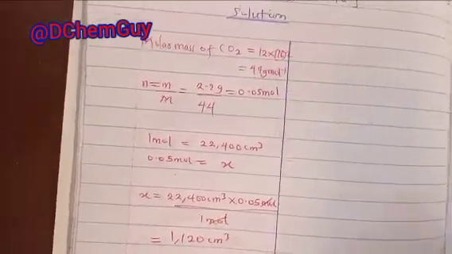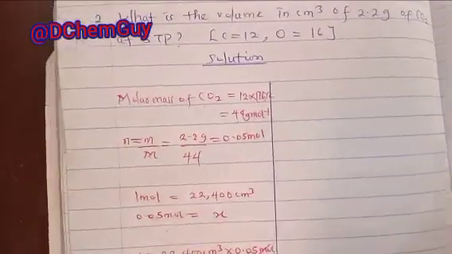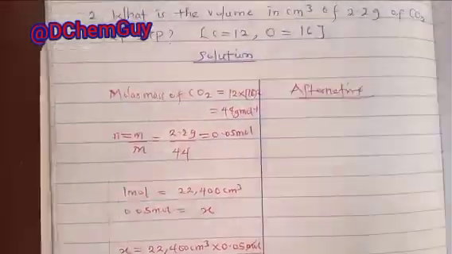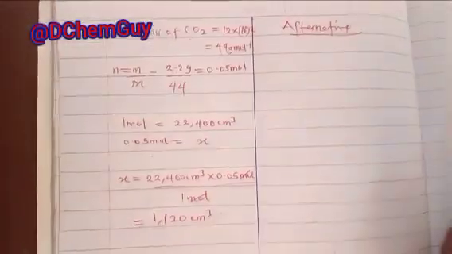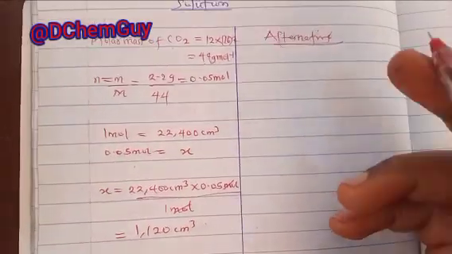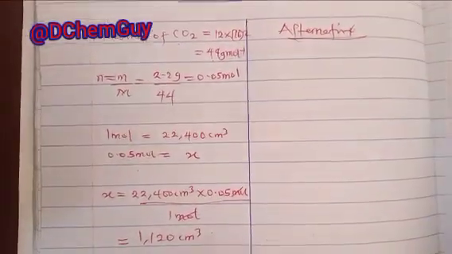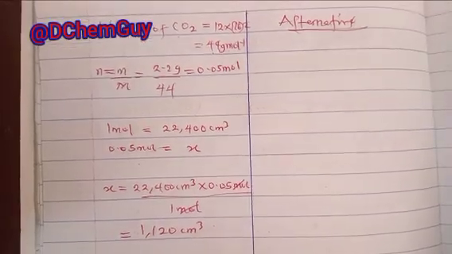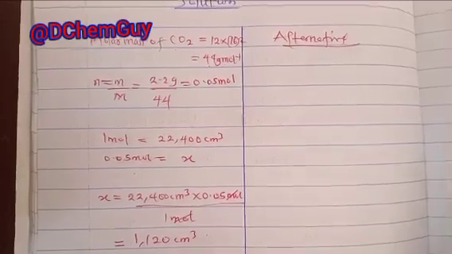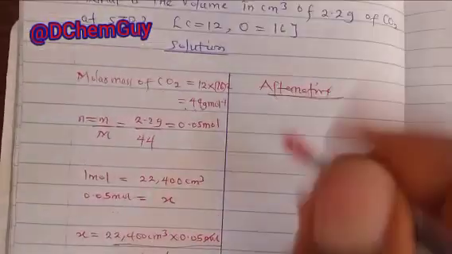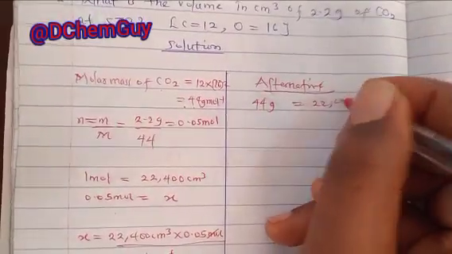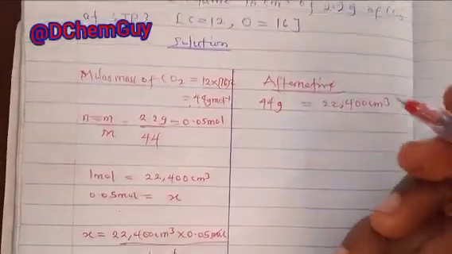There's another way of solving this, the alternative method. If you don't want to go through this process, you can also calculate it. Since 1 mole of any gas occupies 22,400 cm³ at STP, you just take the molar mass of that gas. The gas is CO2, so 44 gram equals 22,400 cm³.